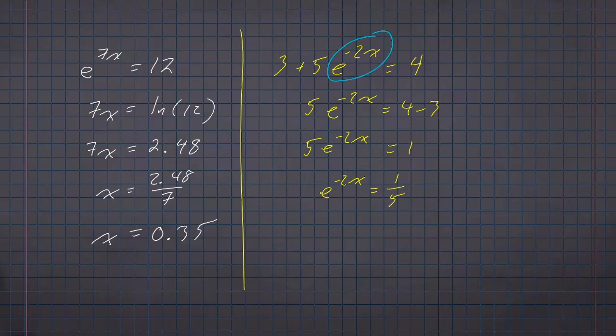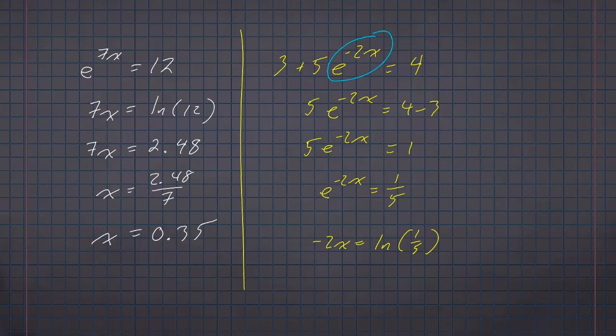Now this looks like the equation we solved before, so we can solve from here using the same process. If e to some power is equal to a constant, that power is equal to the natural log of that constant. That's the definition of log as the inverse of an exponential.